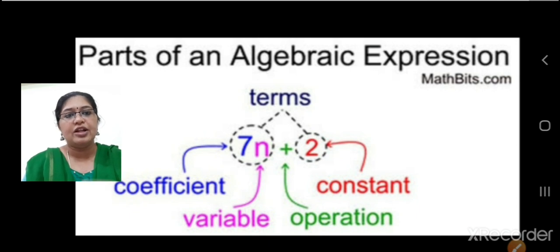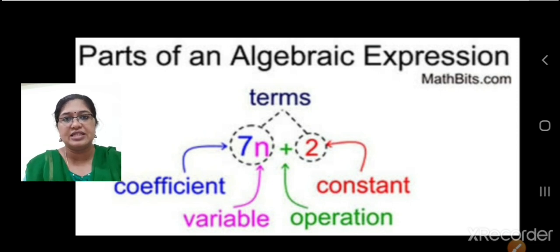Here constants, variables, operations and terms are marked. Constants are numbers whose value doesn't change. What is that? Numbers 3, 4, 5. The values of 3, 4 and 5 don't change. That is constant. The value is the same.